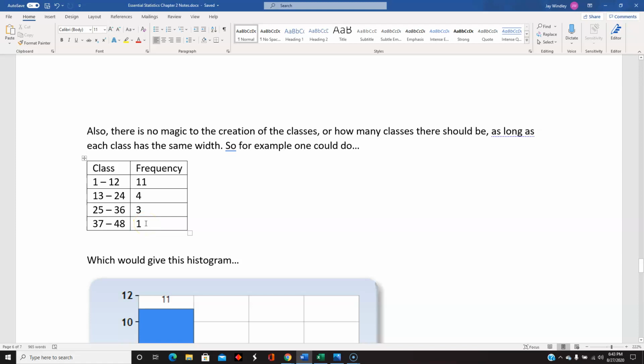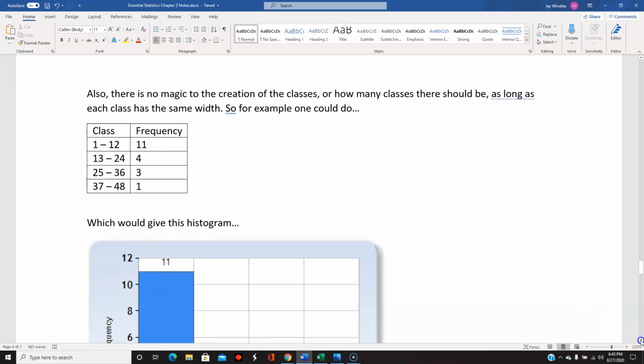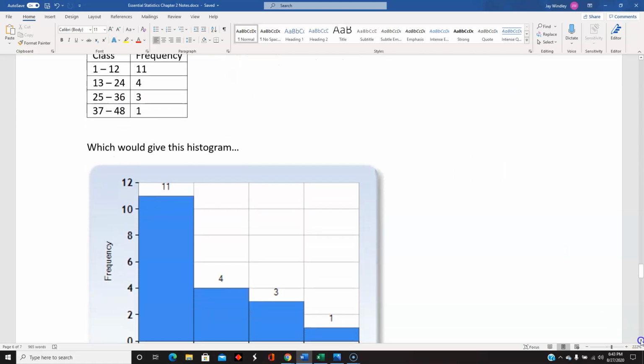Other than that, the only thing that matters is that all the classes have the same width. So in this case now, instead of starting at 0 and having a width of 10, now I'm starting at 1 and having a width of 12, which is giving me 4 classes now instead of 5, but still a very similar looking histogram.